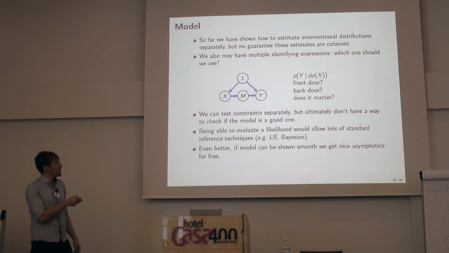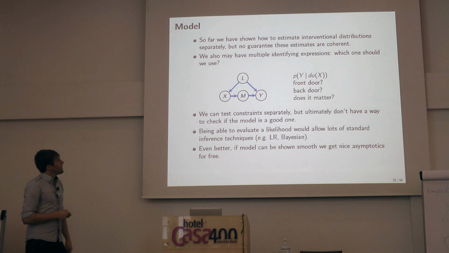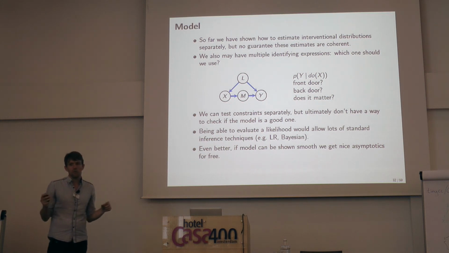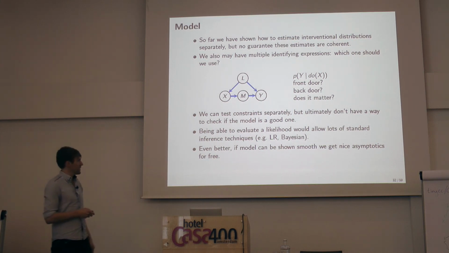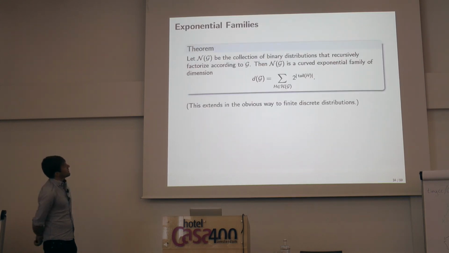So it won't matter how we estimate these effects as long as we do it with a distribution that's in the model exactly. So that's good. We can test all the constraints together. You can use a likelihood ratio test, as I'll say in a minute, because I can just look at the likelihood of the model, and that's doing everything implicitly at the same time. I suppose it's slightly in the wrong order.